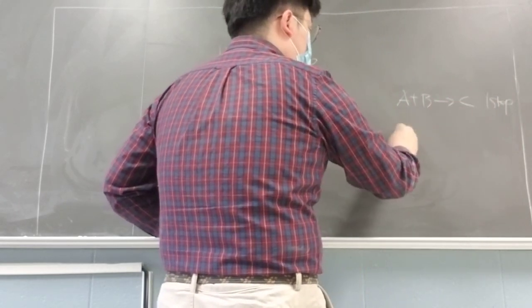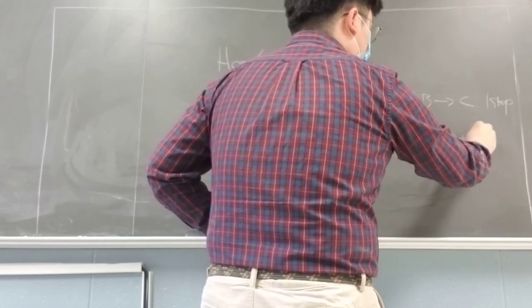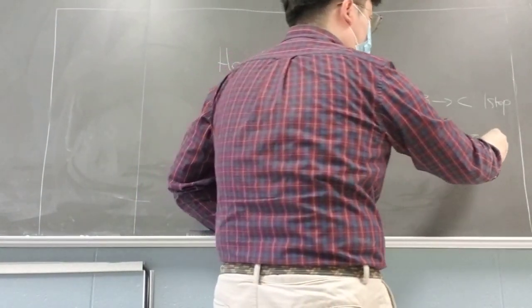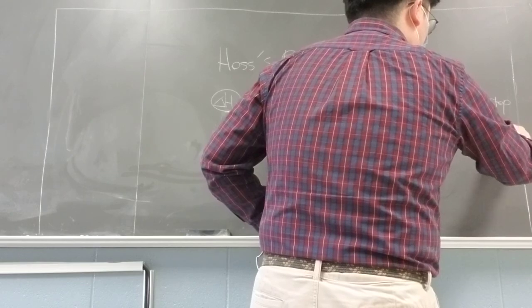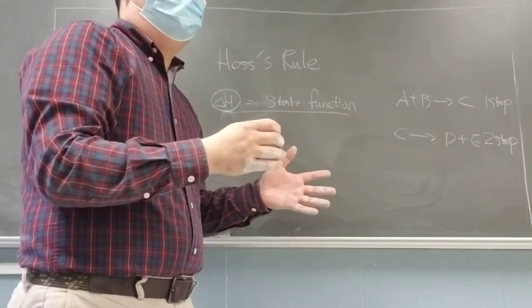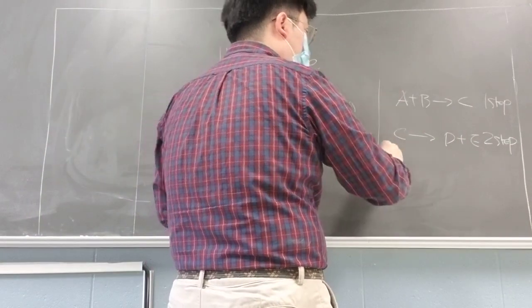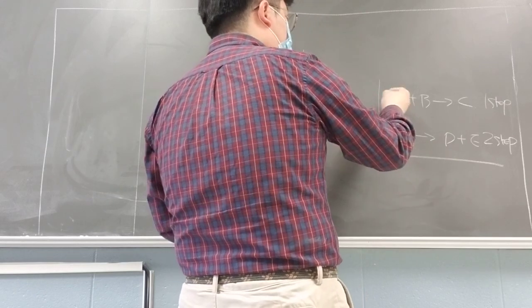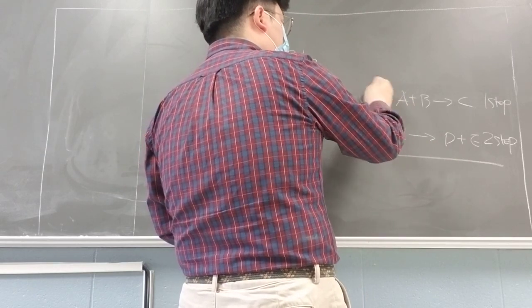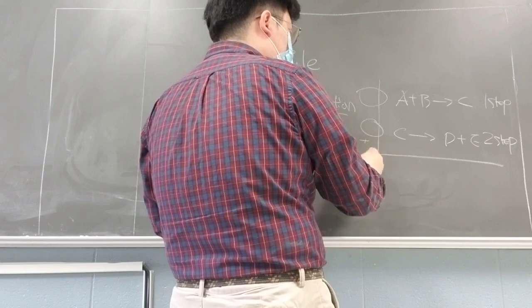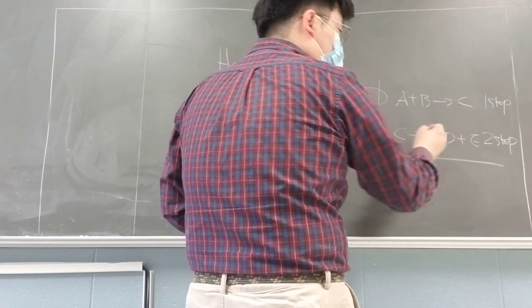The second step, C becomes D and E. So this is the second step. And then overall, you can combine. There will be an enthalpy change here and here. The sum will be the same as combining these two reactions.